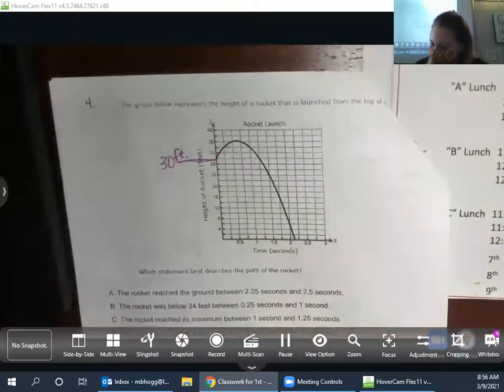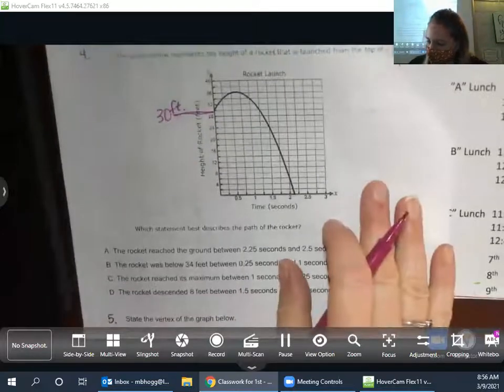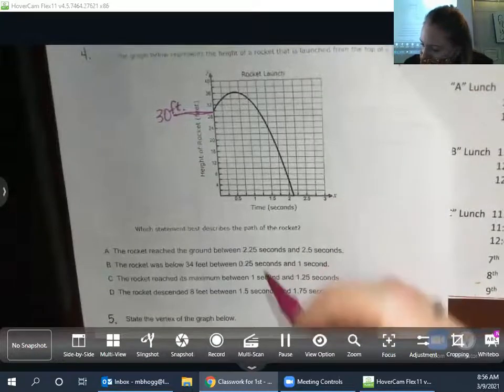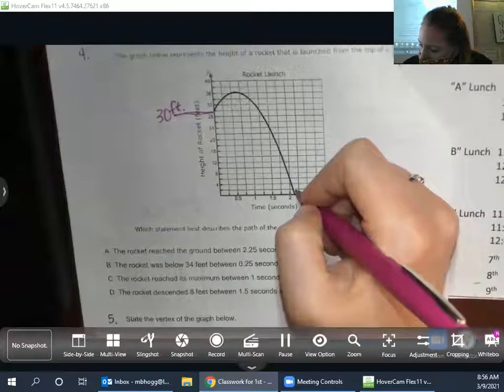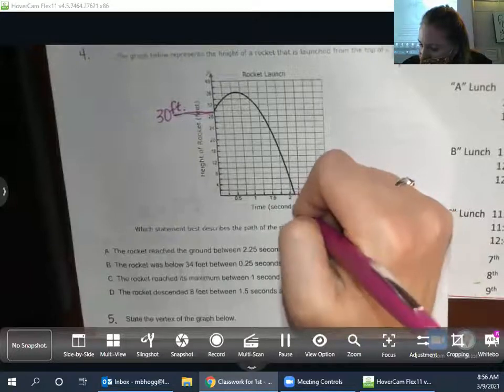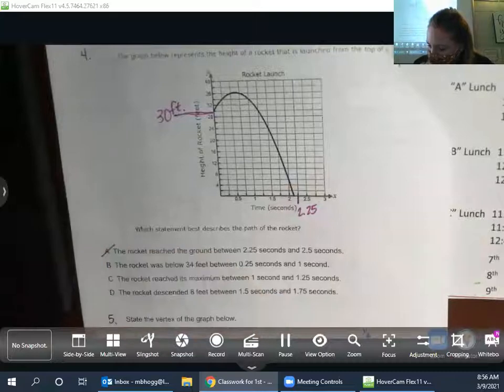Which statement best describes the path of the rocket? The rocket reached the ground between 2.25 seconds and 2.5 seconds. Okay, so we have to go through each of these individually. Well, it doesn't reach, this is 2.25. So it doesn't fall in that category. Nope.